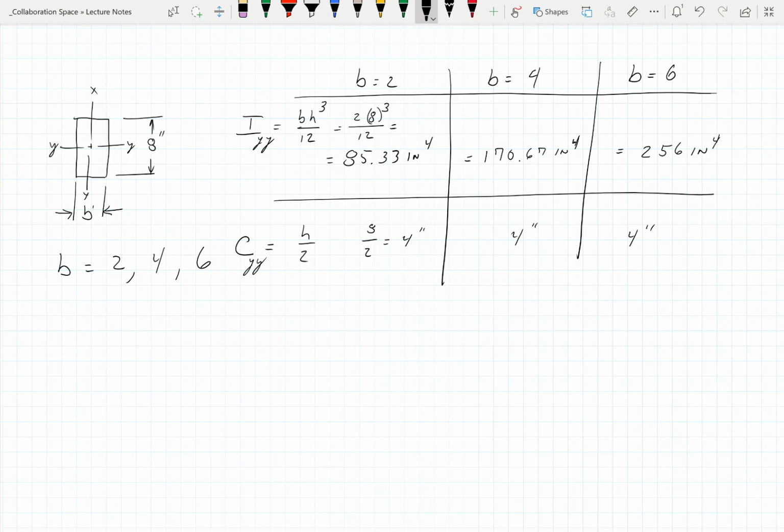What does it mean to you? Yes. So, the bigger the object, the more moment of inertia it has.